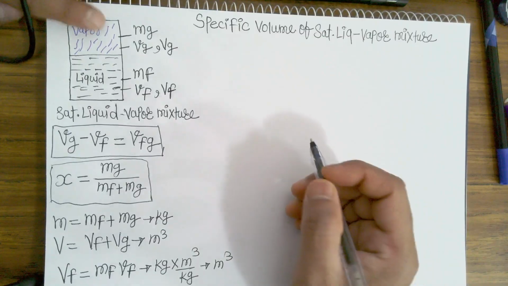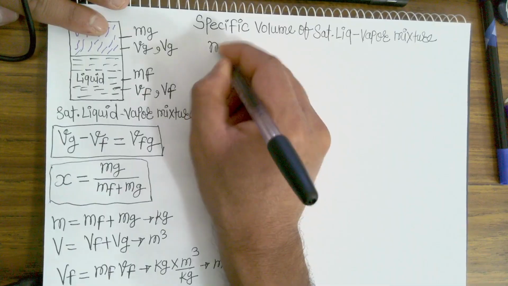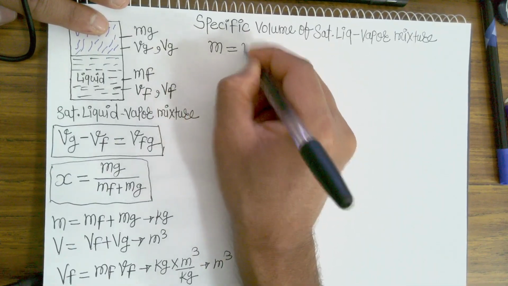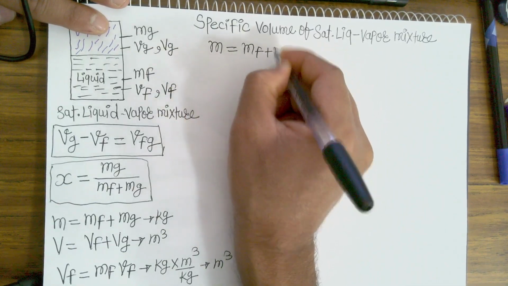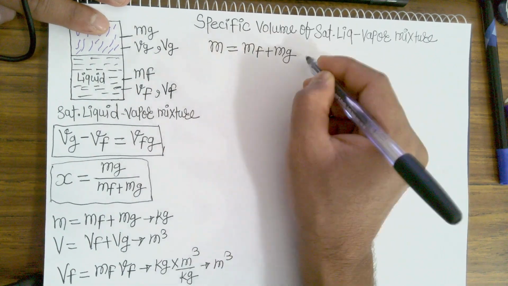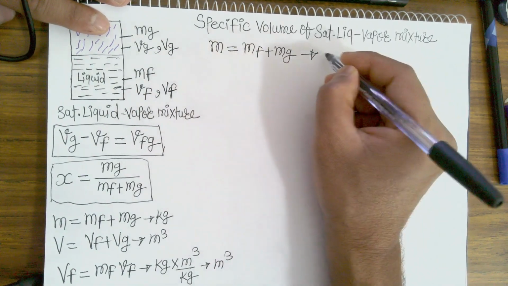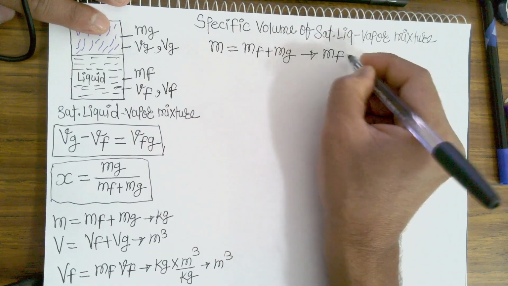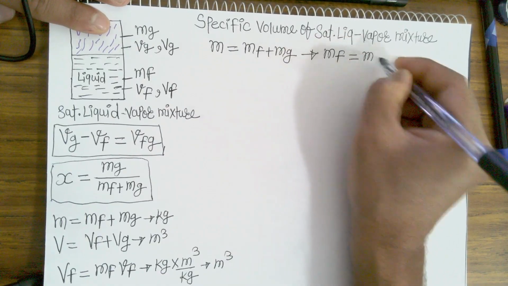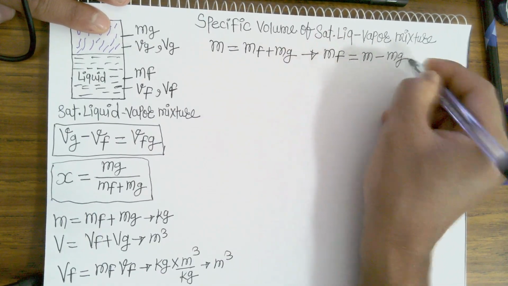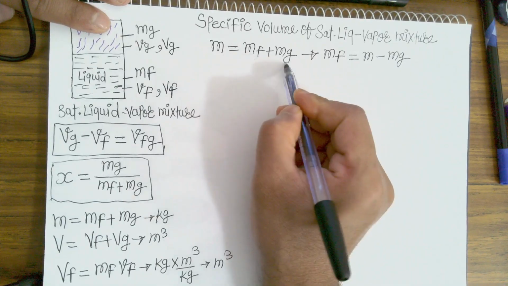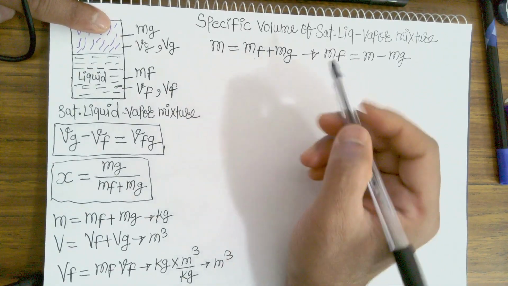So I can write the total mass of mixture M is equal to mf plus mg. So from this I can write mf is equal to m minus mg. Mf is mass of liquid, mg is mass of vapor.